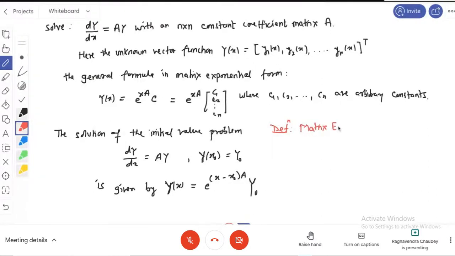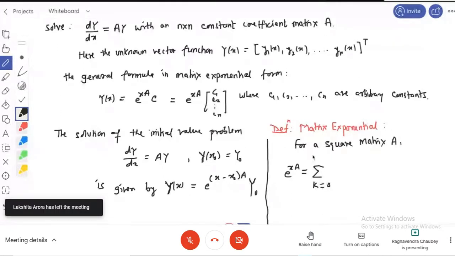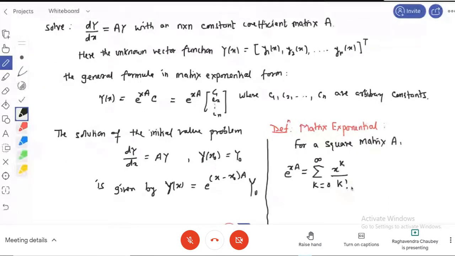For a square matrix A, e to the power xA, by using the exponential formula, equals the summation k equals 0 to infinity of x to the power k over k factorial times A to the power k. Okay, so this is your exponential formula.